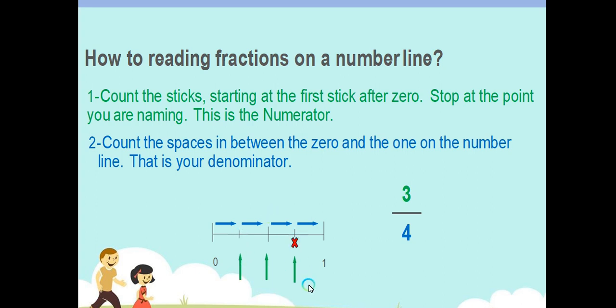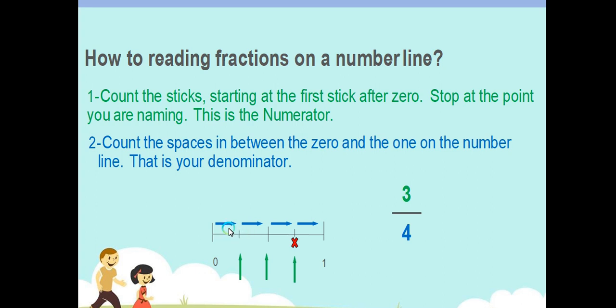So that's why we have 3 as our numerator. Now the blue code: count the spaces in between the 0 and the 1 on the number line. That is your denominator, the blue color code.